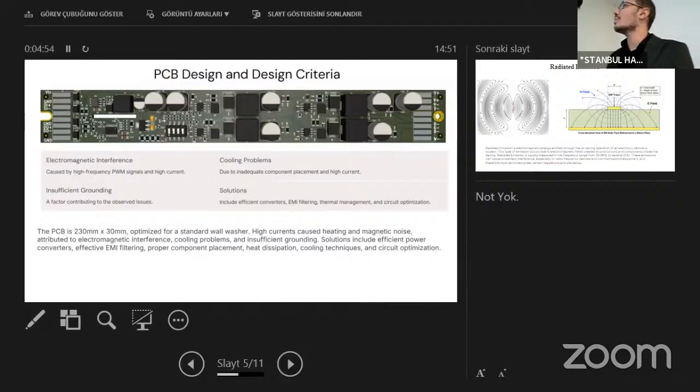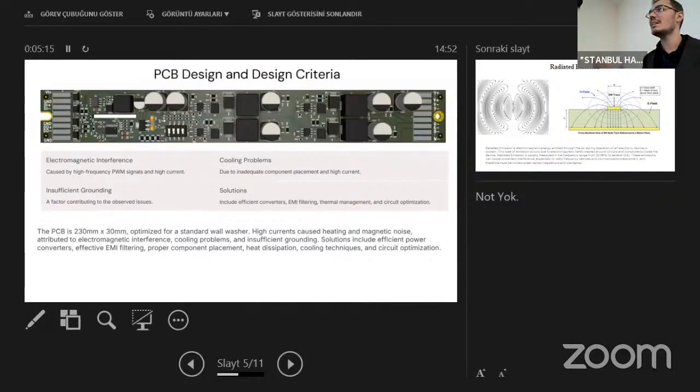There are cooling problems due to increased component placement and high current, and insufficient grounding is a contributing factor. Solutions include efficient converters, EMI filtering, thermal management, and circuit optimization.